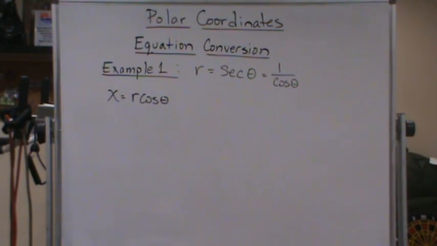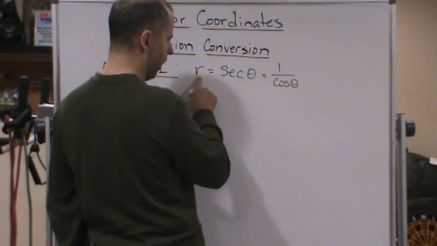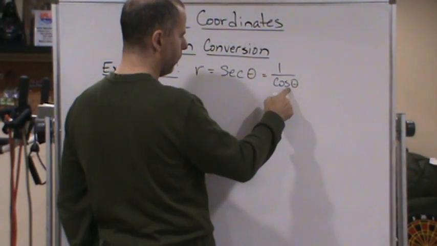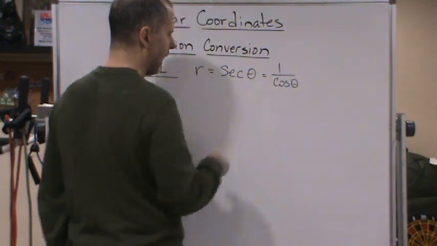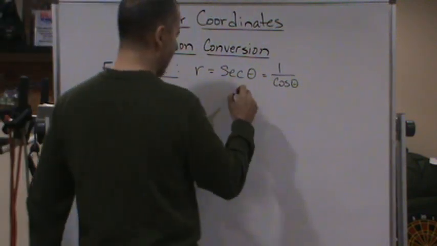Okay? Now, since this here is r equals 1 over cosine, what I'm going to do is multiply both sides by cosine, right? And so if I do that, then what do I get?